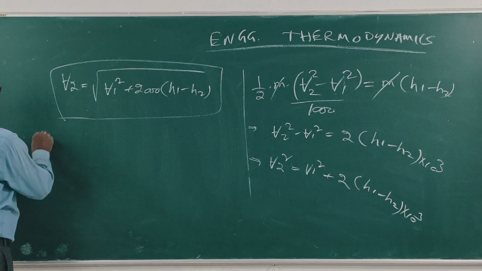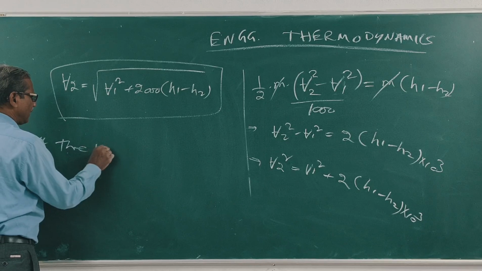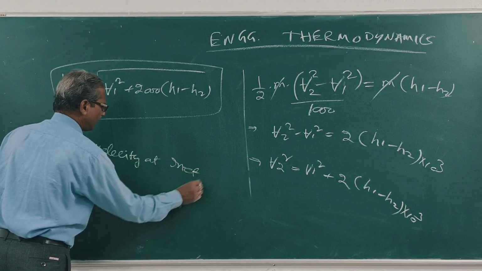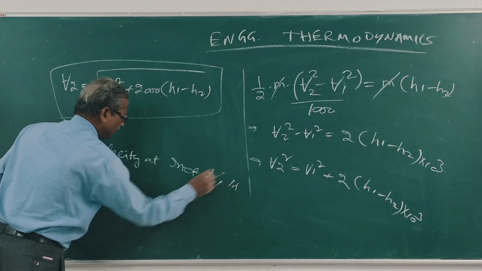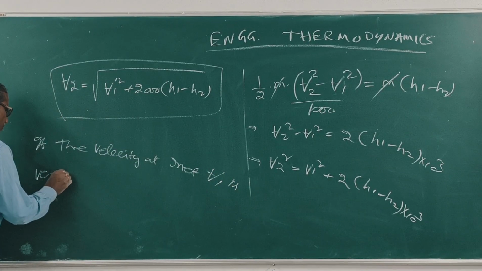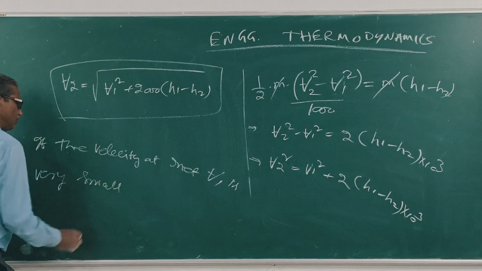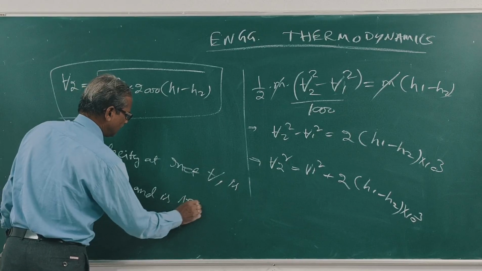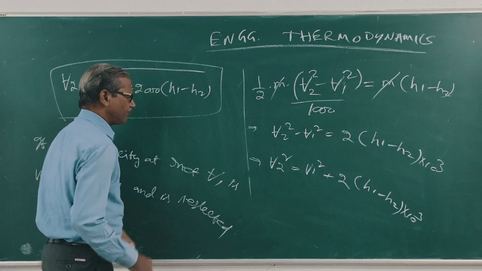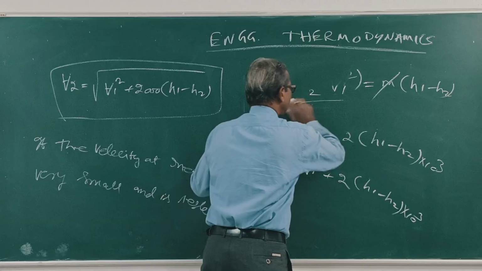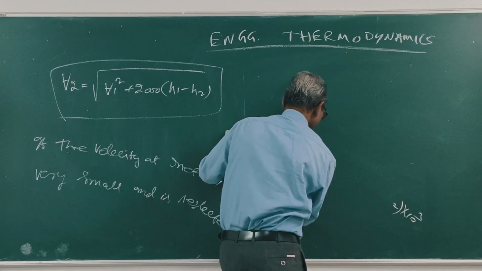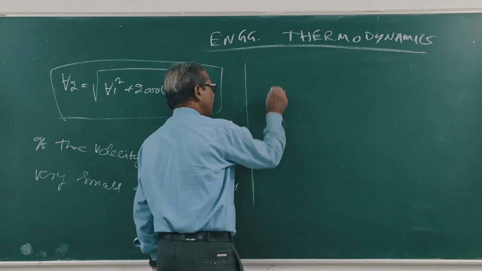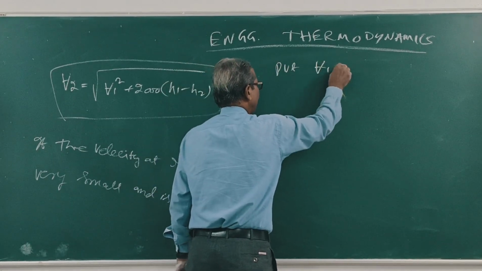If the inlet velocity V1 is very small and neglected, then put V1 is equal to 0.